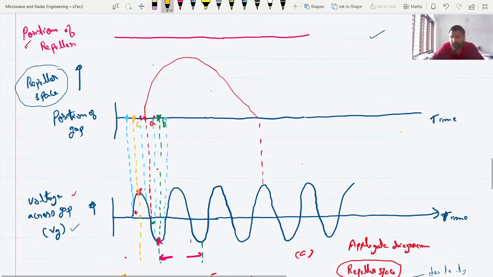So what happens? The velocity of the electron C increases from V naught.